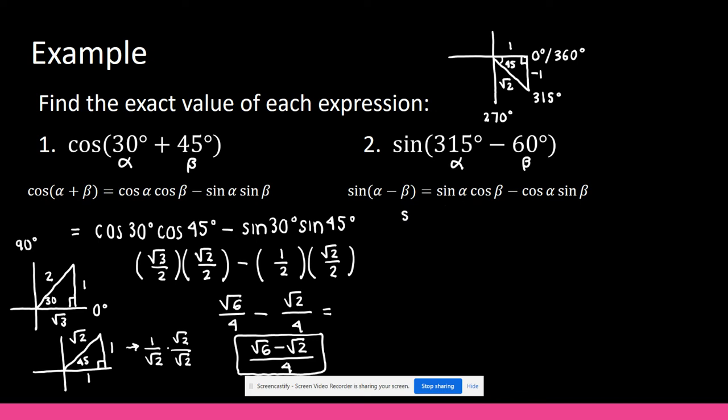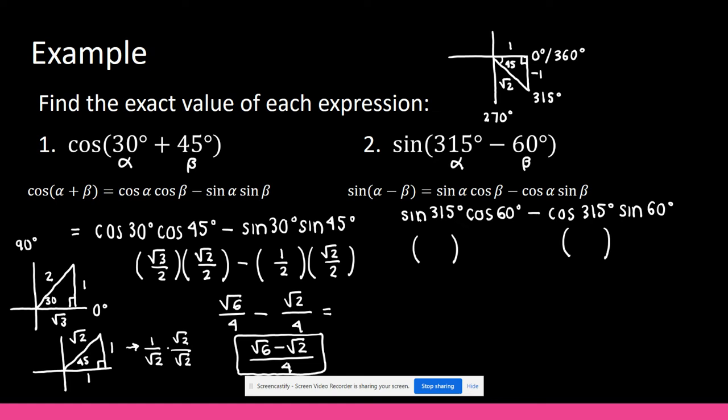So I want it to be the sine of 315 times the cosine of 60 degrees minus the cosine of 315 degrees times the sine of 60 degrees. Because I have that picture sketched, I'm going to be able to substitute it in for each of the first terms in my problem.